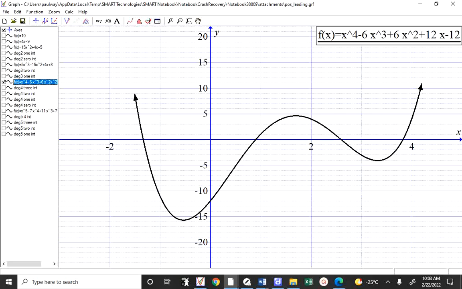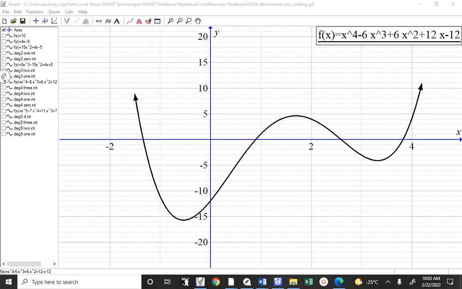Because if one of these arms was going down, then what that would mean is there would be a 5th x-intercept, potentially.